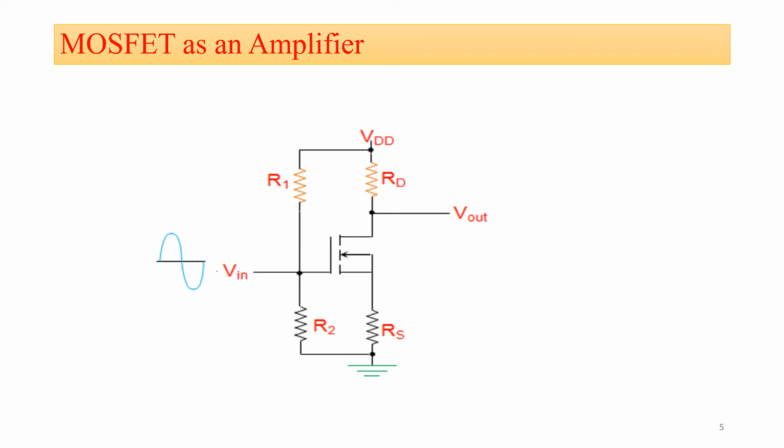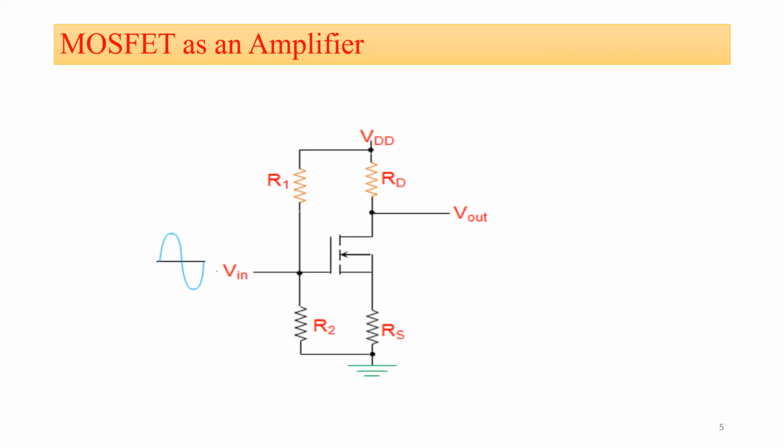But when our VGS is greater than the threshold voltage, the drain current starts flowing through the MOSFET, which indicates our MOSFET is in the saturation region. To use our MOSFET as an amplifier, we need to operate it in the saturation region only. That means when our VGS is greater than VTH, our MOSFET will work as an amplifier.